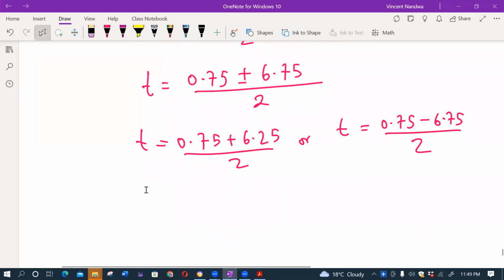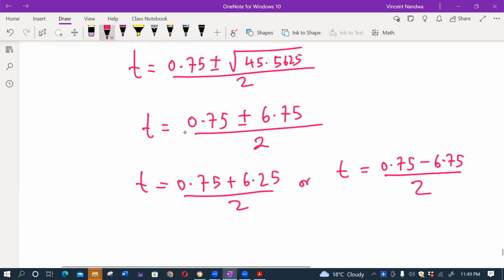So the first one is 0.75 plus 6.75, and if I divide by 2, I get t equals 3.75 seconds.